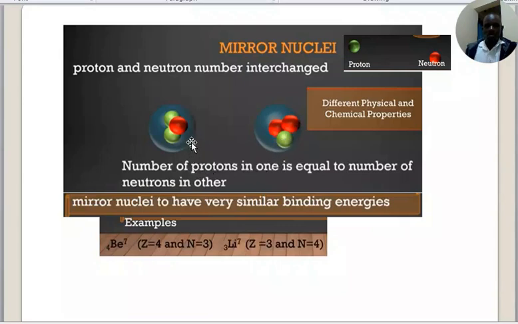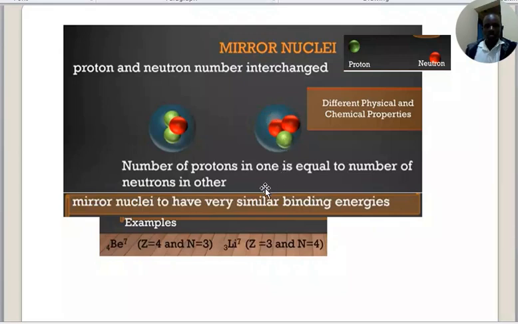At the same time, the number of neutrons in the first atom, which is red, is 1 here, which is equal to the number of protons in the second atom, which is also 1.